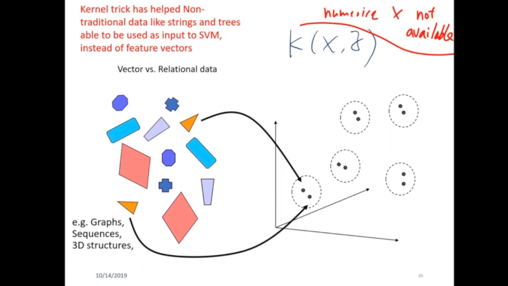What I need is only similarities among samples, which for each different domain is normally pretty easy. If two sequences are similar, I can use edit distance, right? I don't even need a numerical representation of the sequence. I can use Hamming distance. I can use whatever makes sense for my domain. I only need this, which is an extremely important property that helps SVM be applied to many real-world applications.